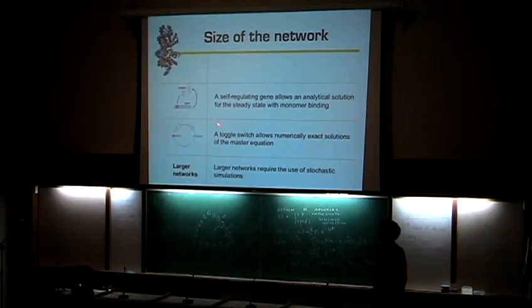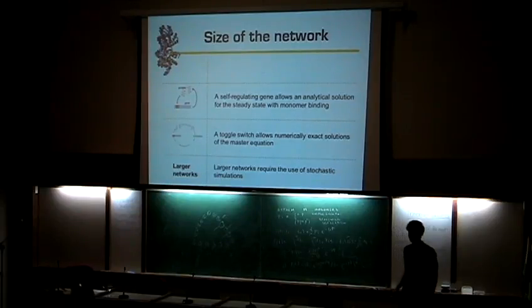First, this is one gene that regulates itself. And for this gene, with binding of monomers, on the steady state, we could find an analytical solution for this problem. But that's pretty much as far as we can go with analytical solutions.